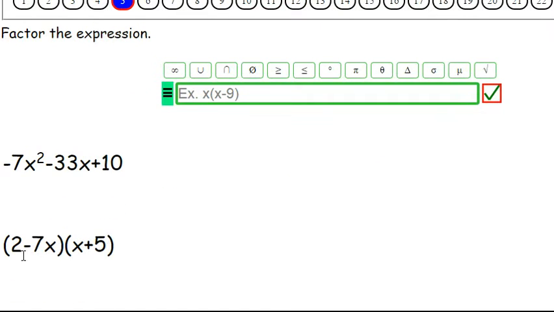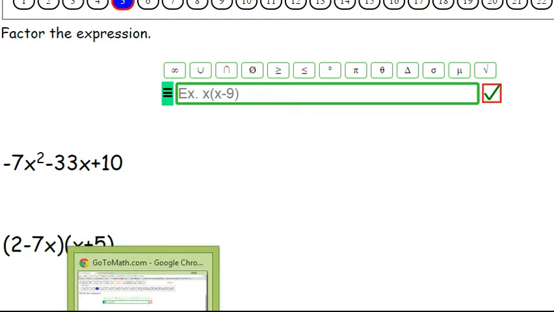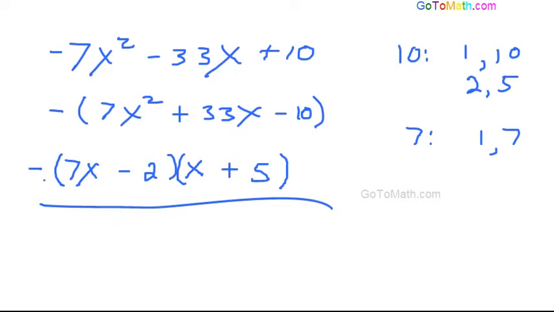We've got 2 minus 7x, and if you're wondering where that's coming from, we went ahead and multiplied the negative back inside, which is going to make that a negative 7x and a positive 2, but you would want to write it like this.